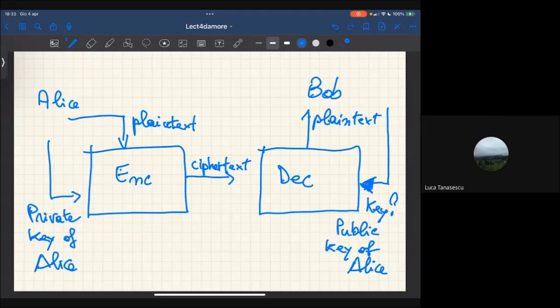I don't know if you have a smartphone and you unblock the smartphone by using the fingerprint or by using the face. This is the logic that is used for unblocking the smartphone. Public key cryptography. We need to understand how, but then we will be more precise. For now, it is important that we understand these two properties.